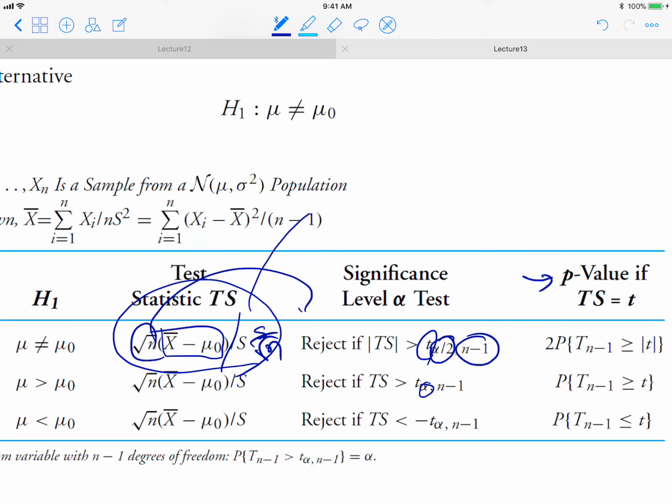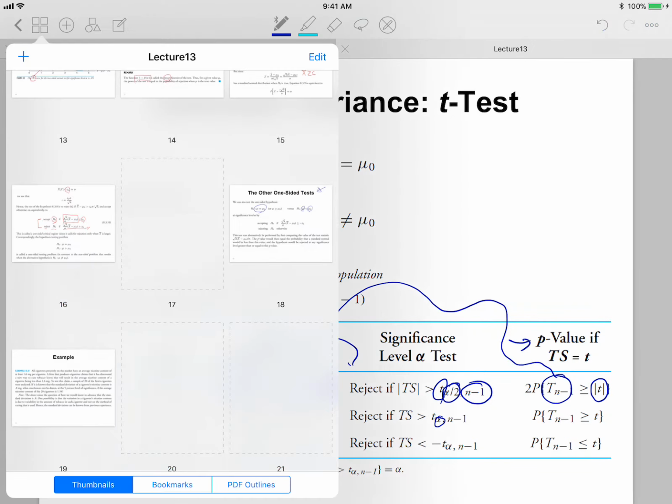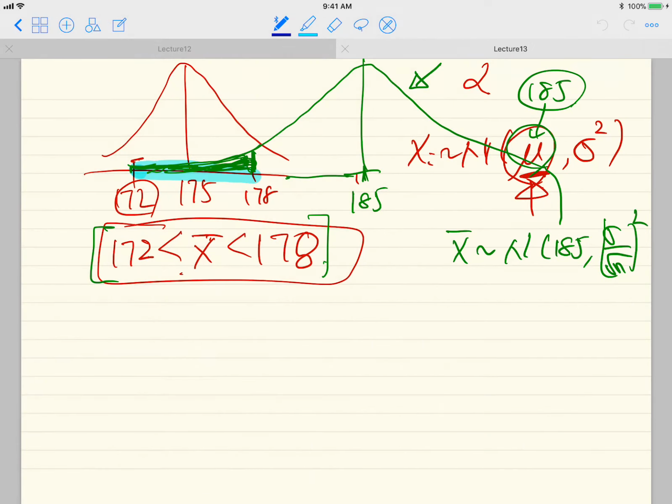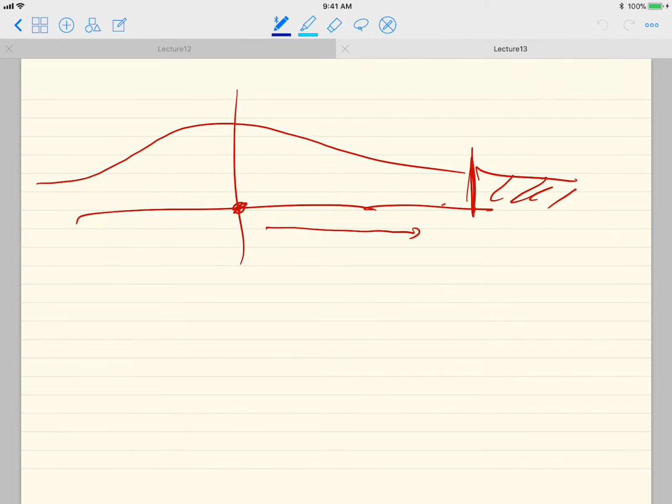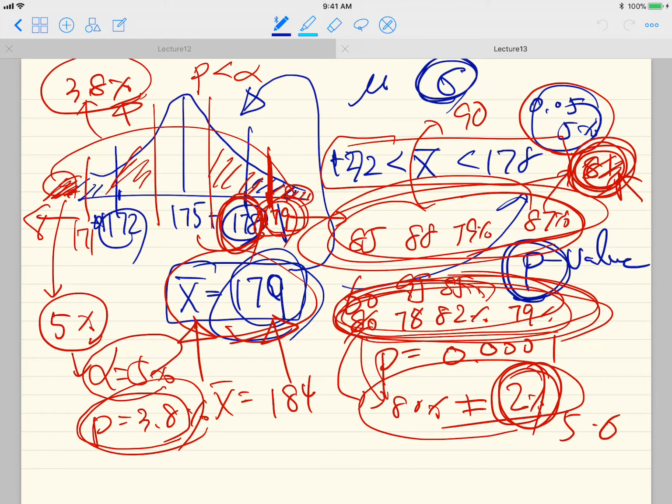Then this guy is a random variable following the t distribution, and the degree of freedom is n minus 1. And what is this guy? This guy is the observed value, computed from our sample mean and the sample variance, right? So in the previous case of computing the p-value, we ignored the alpha value, but we used the actually observed sample mean value.